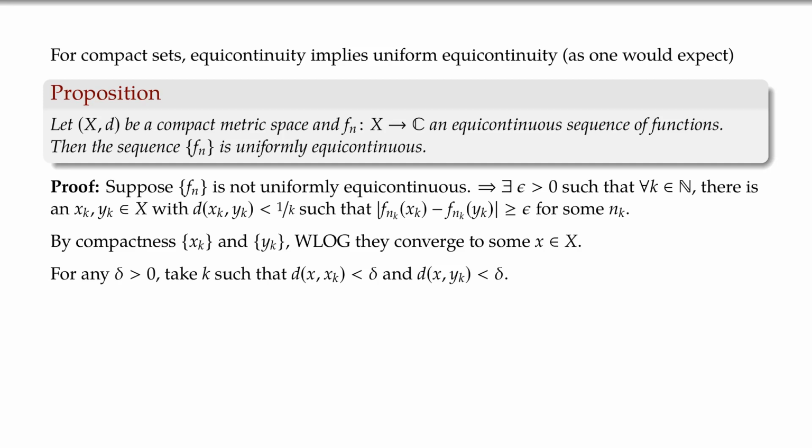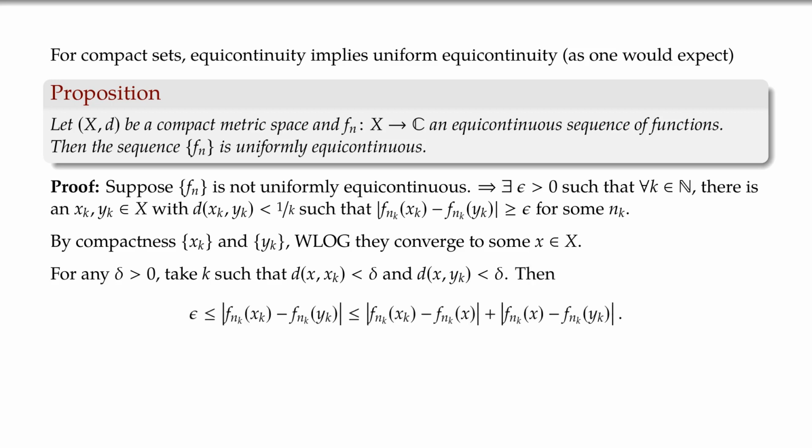So we're going to show that for the above epsilon, there's no way to find any delta. So we're going to show that it breaks for every delta, so that there exists becomes again for all, right? So for any delta, we can choose large enough k, such that x sub k and y sub k are both within delta of x, right?